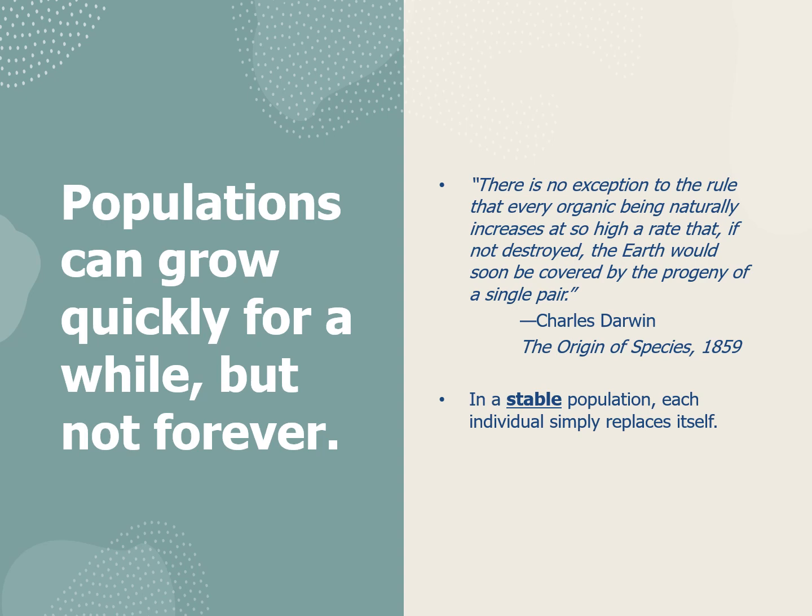In fact, we're going to give you this term, a stable population, and what that means is that a stable population is going to be when an individual replaces itself.